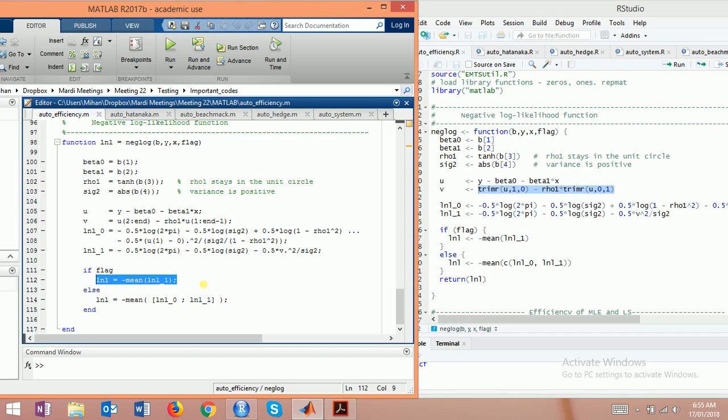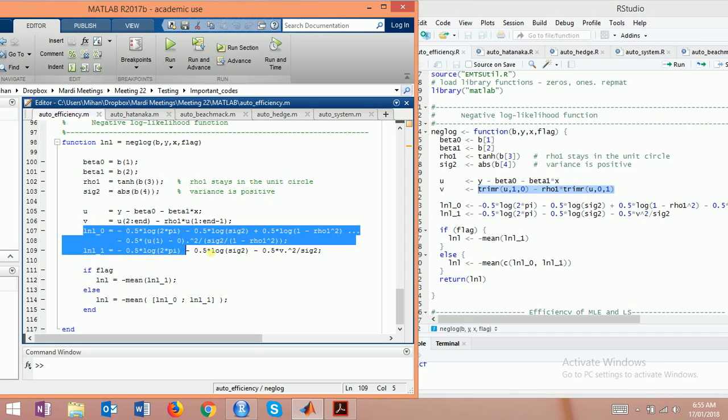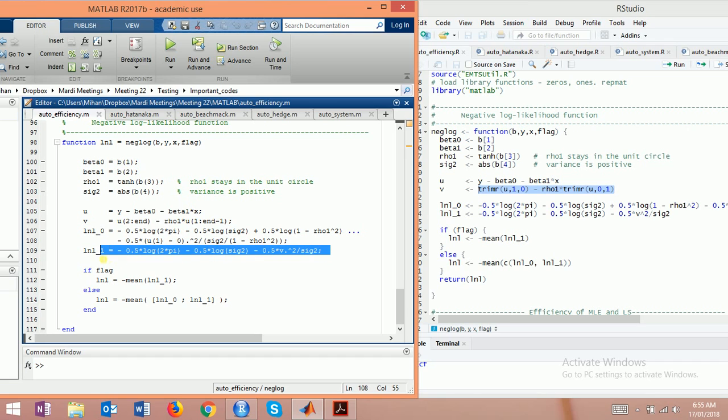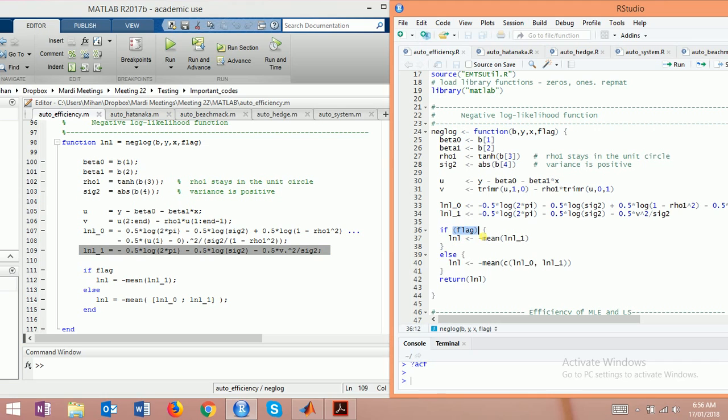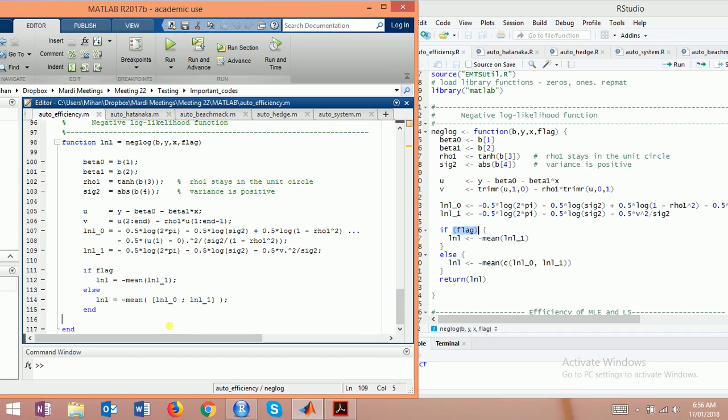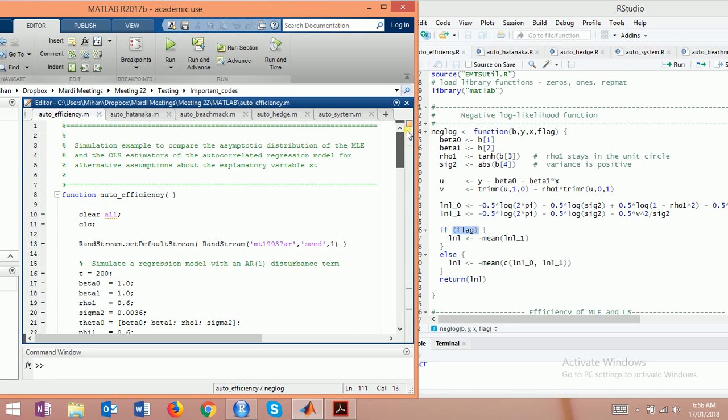Full considers both conditional and unconditional portions, while conditional only considers the conditional portion. Previously we did this in two functions, now we bring them into one, which is much better. If flag, return the full log L, else return the conditional log L. Good job, this is a beautiful program.